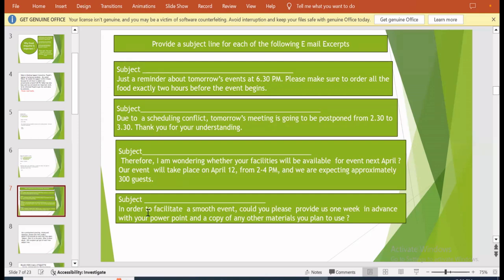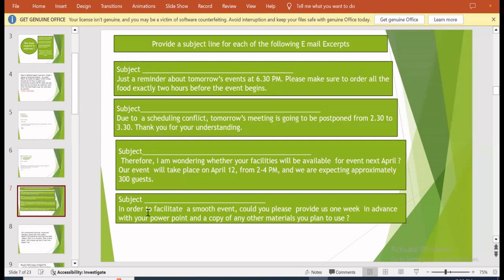Any subject line? A reminder of order of food for tomorrow's event. Reminder regarding food order for tomorrow's event. Reminder for tomorrow's food order. Okay, you can write that way.